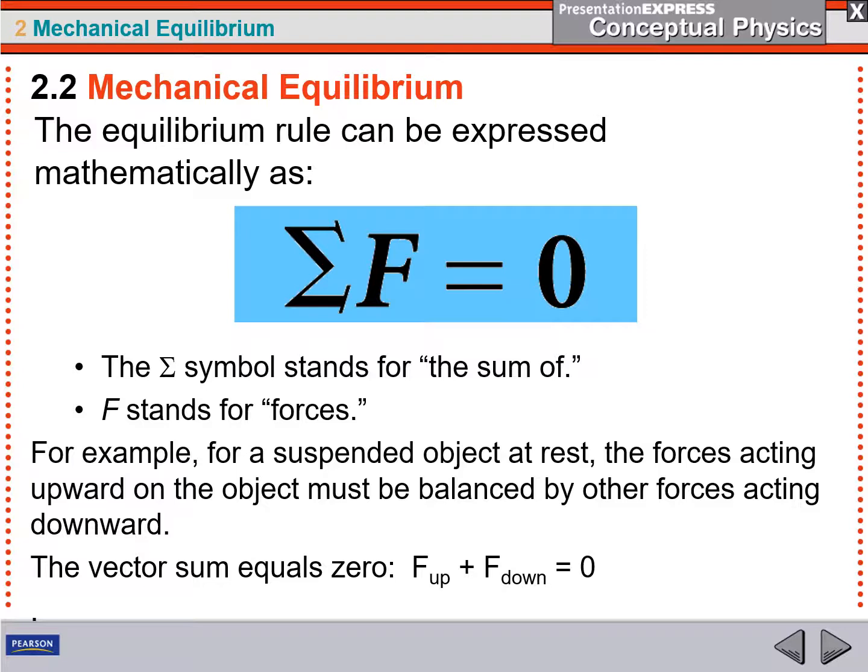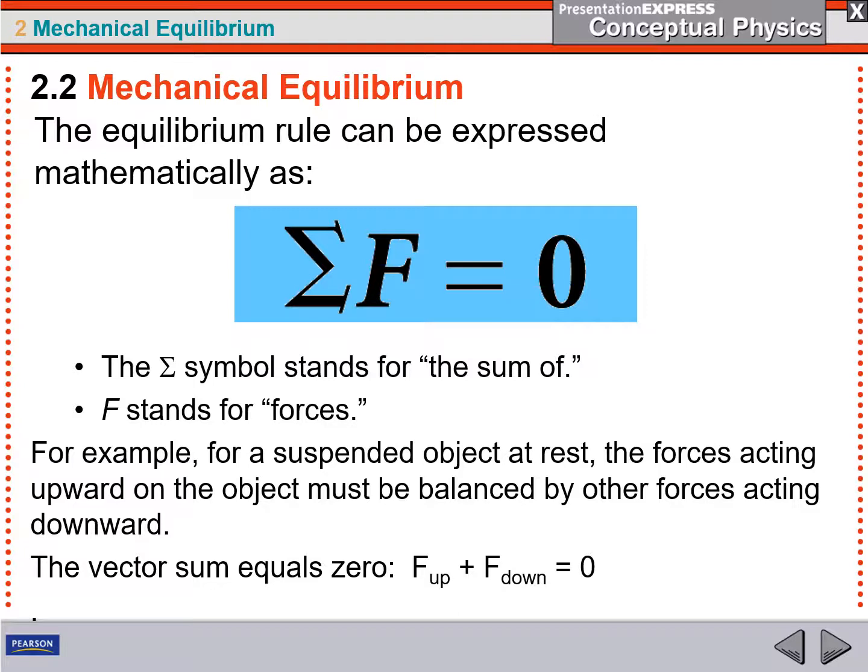So sigma in mathematics usually represents the sum of whatever it's touching. So in this case, the sum of F, where F stands for forces. So that sigma F is just shorthand for add up all the forces, and then if it's in mechanical equilibrium, they should equal 0.